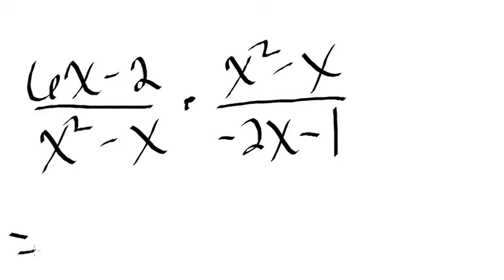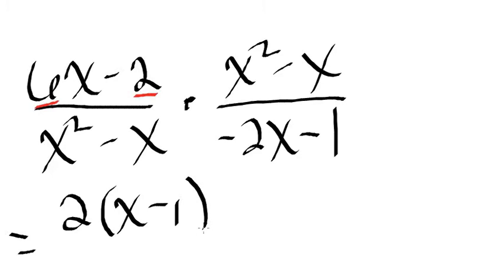First off, we notice that we have a 2 and a 6. We know that we're probably going to be able to factor a 2 out of that. So let's just factor a 2 out. See that one? Look at that trick.